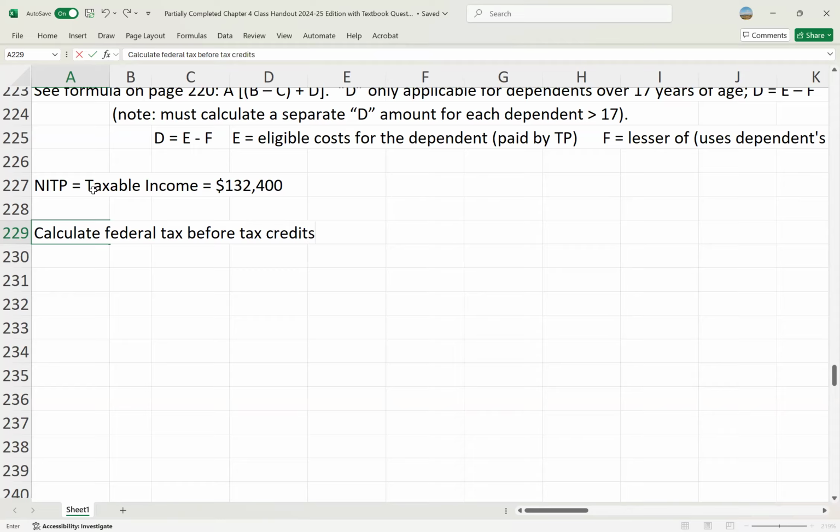Once again, use your rates table and see if you can follow along and come up with the same number that I come up with. I'll give you what the final answer should be. The federal tax before tax credit should be 25,206. So see if you can come up with that number, and then I'll start putting in the calculation down here as well.